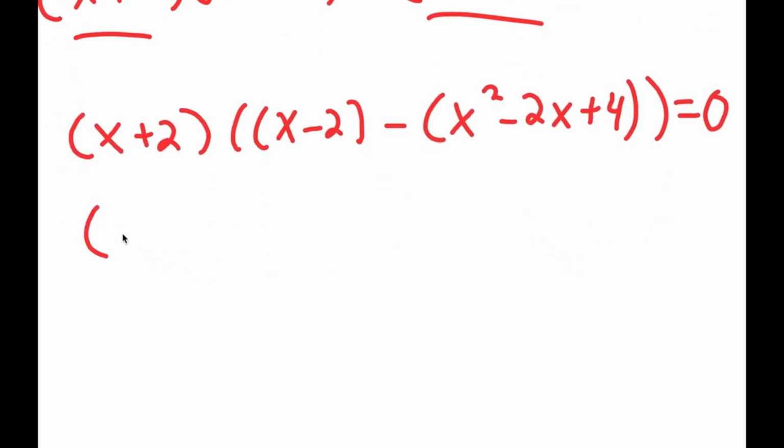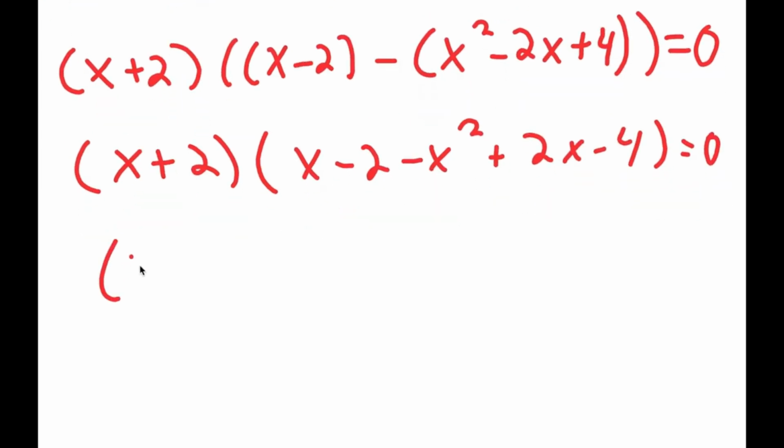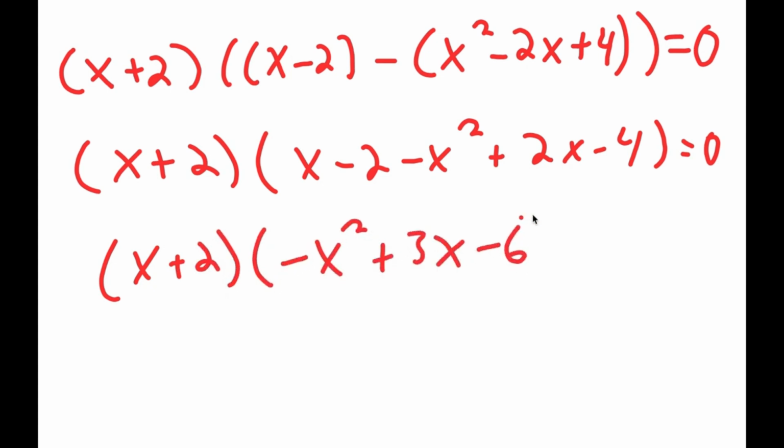And from here, let me simplify this a little. I get x minus 2 minus x squared plus 2x minus 4 is equal to 0. And if I add all the like terms, I get negative x squared plus 3x minus 6 is equal to 0.